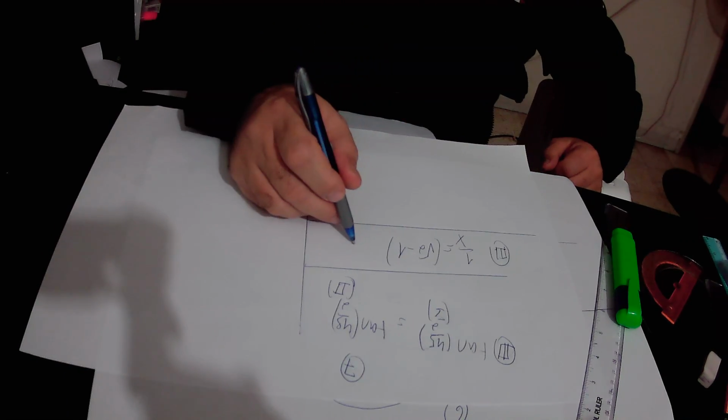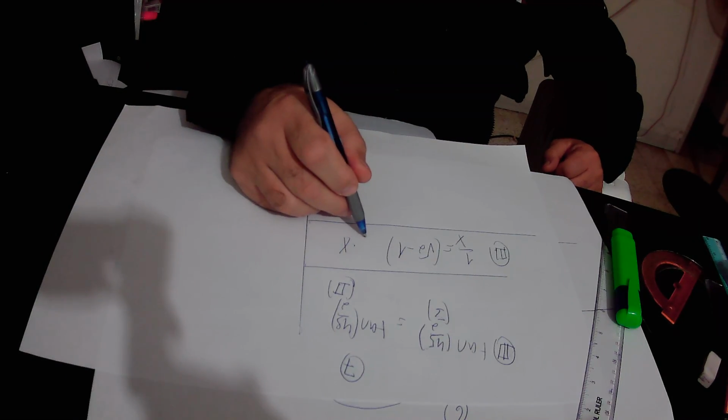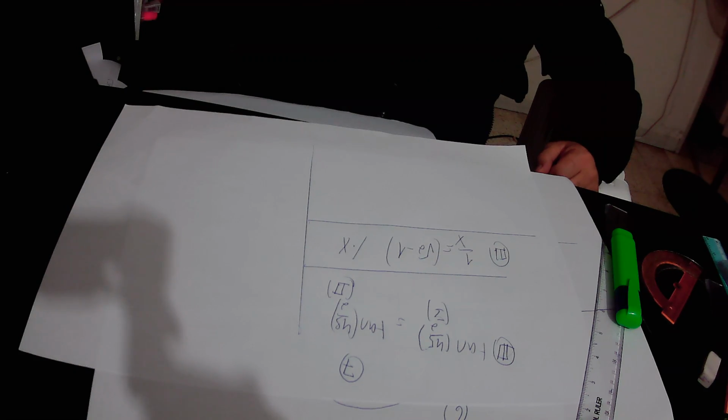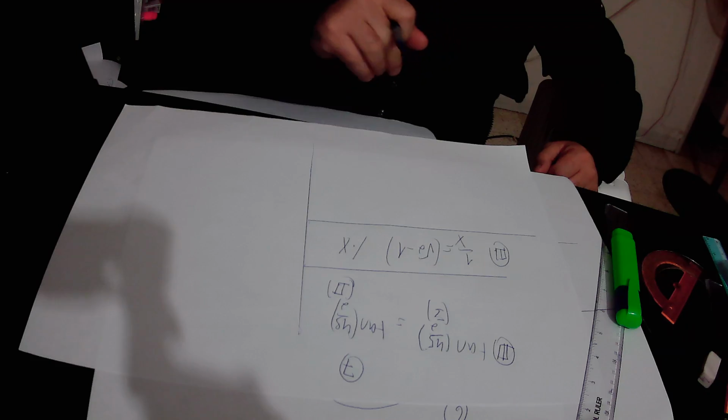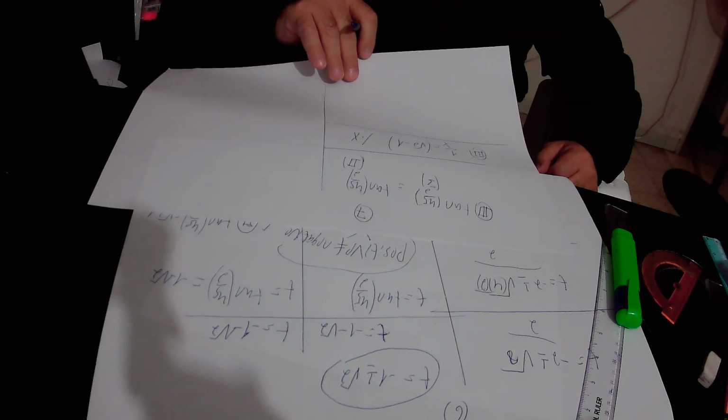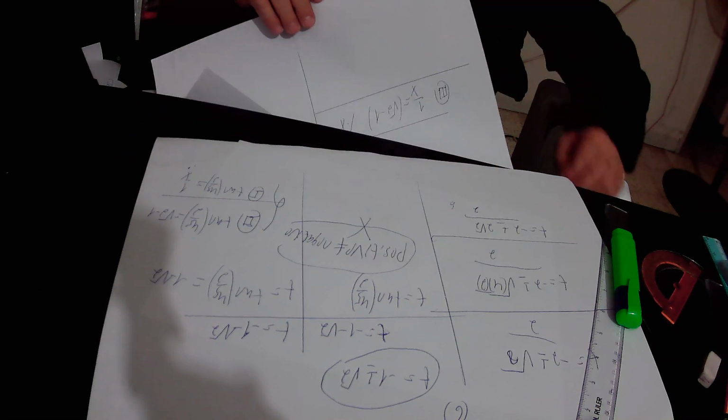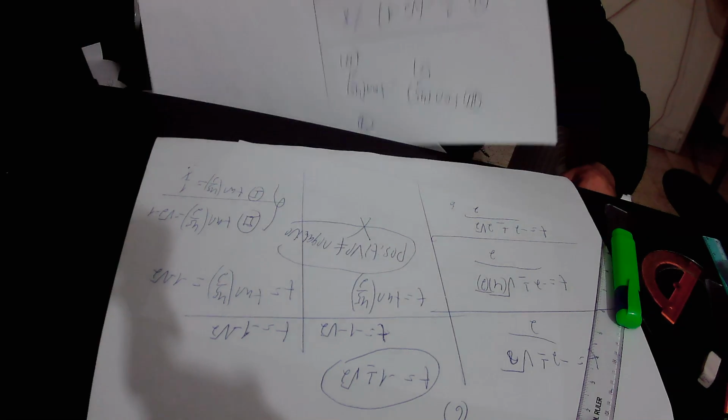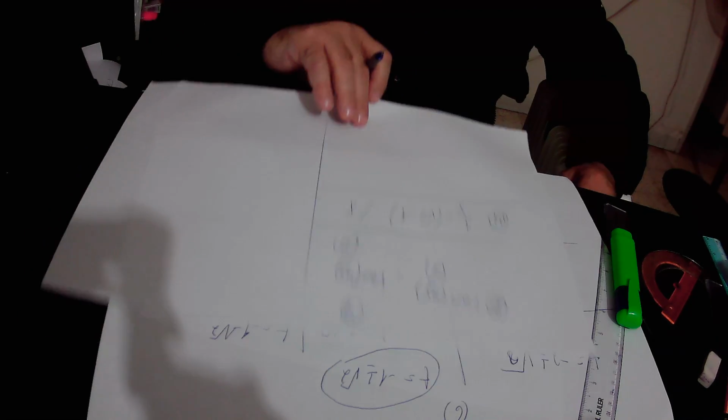Here we multiply equation number 3 by x. It is allowable to multiply equation number 3 by x. Why? Because x is a length, and a length can never equal 0.